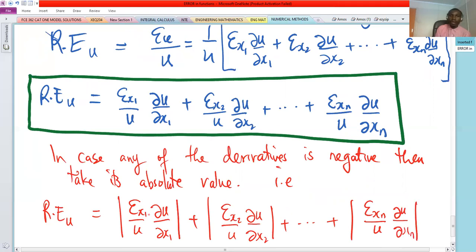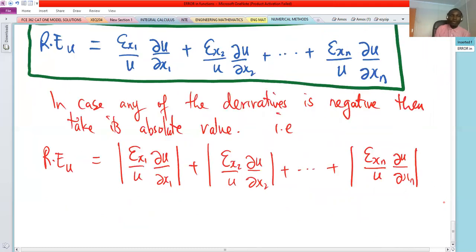So getting the sum of the absolute values of each term eliminates the case of having negative values in any of the terms. So that's how we get the relative error. And then if you have to find the percentage error in u, just define the relative error in u and then multiply by 100%.